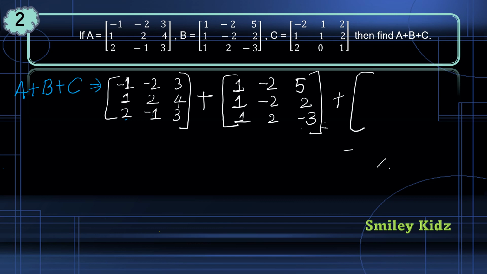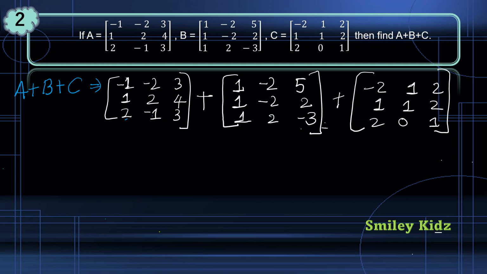So then again we have C matrix. Here we have minus 2, 1, 2, 1, 1, 2, 2, 0, 1. You're simply gonna add all the 3 matrices.